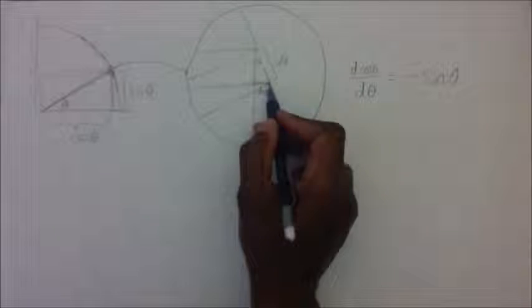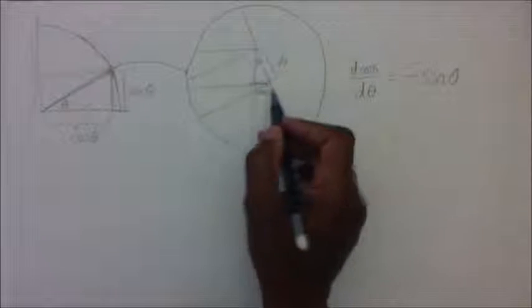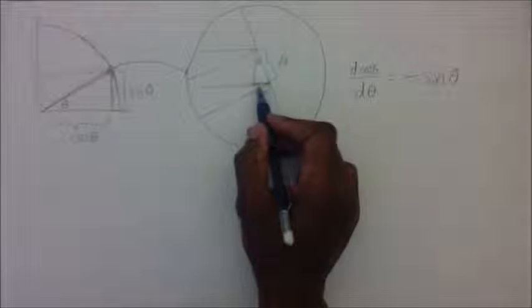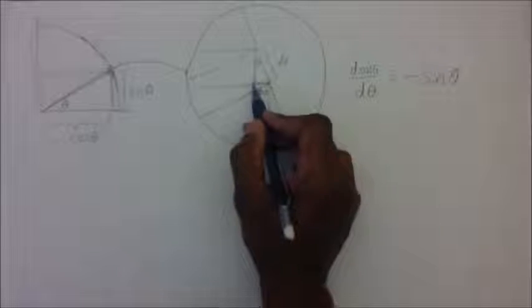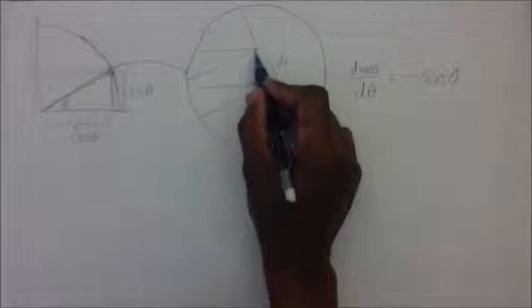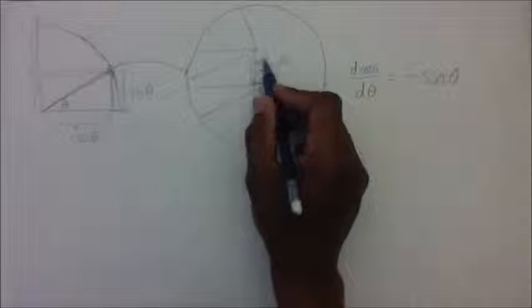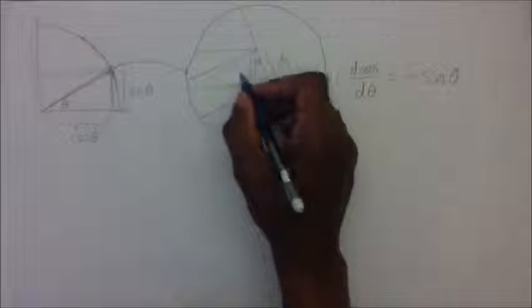Now, if I'm going to find the change in sine theta, it's going from here to up here. So again, in this case, the change in sine theta is going to be the adjacent over the hypotenuse, which will be cosine, and it's going in the same direction as the y-axis, so we know it's going to be positive.